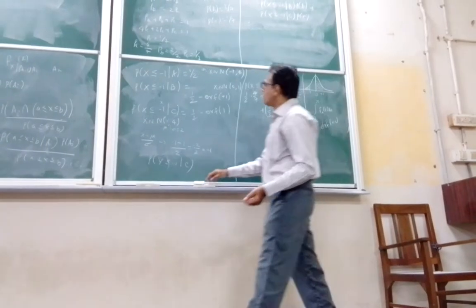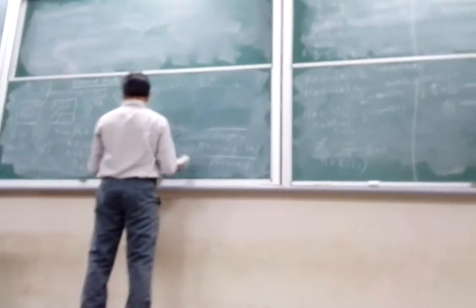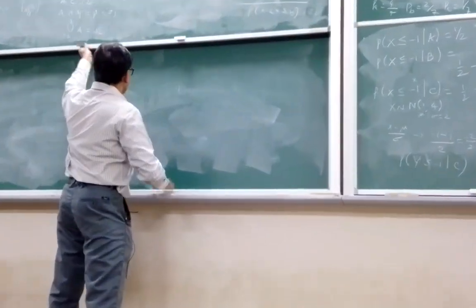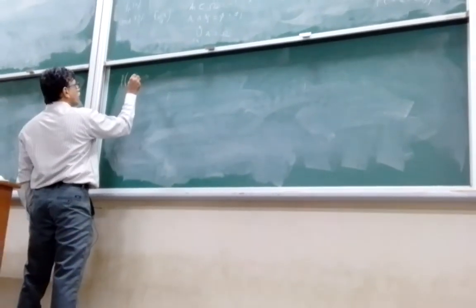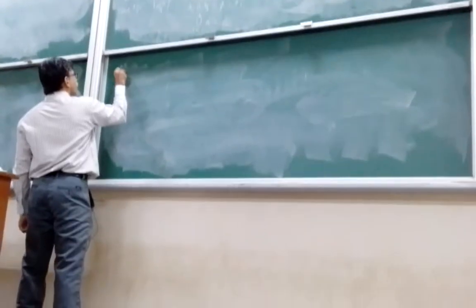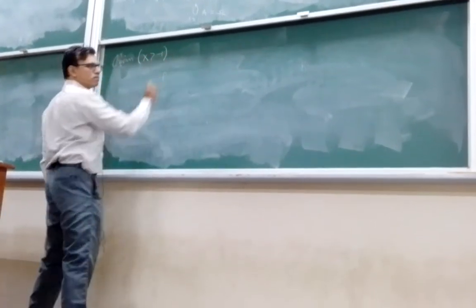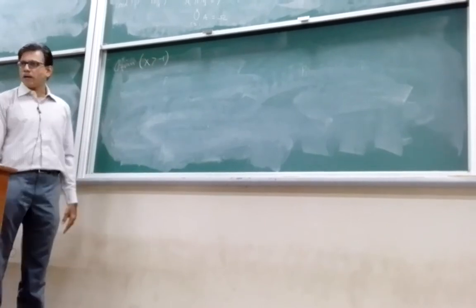Now we will apply the Bayes theorem. That is, the question is, given that x is greater than minus 1. Suppose we have made an observation and found that x is greater than minus 1.